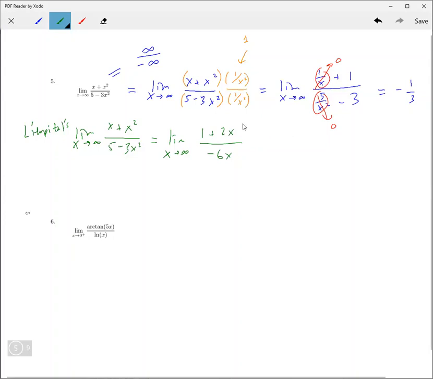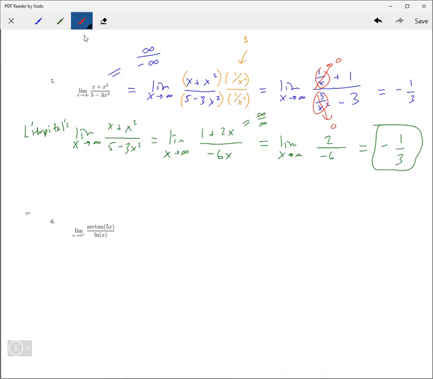And still it's going to infinity over infinity as x goes to infinity. So we apply L'Hopital's rule again, and you have 2 over negative 6, which is going to be negative 1/3. So either way, you get negative 1/3.